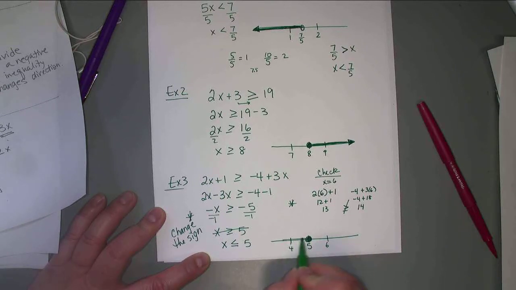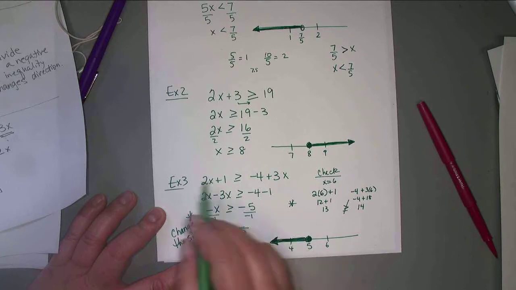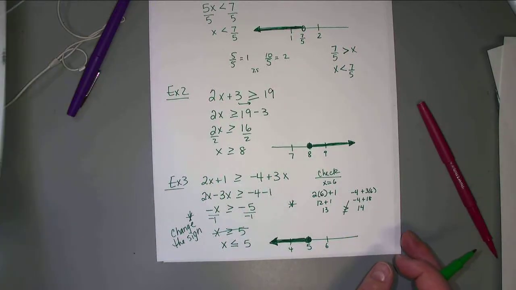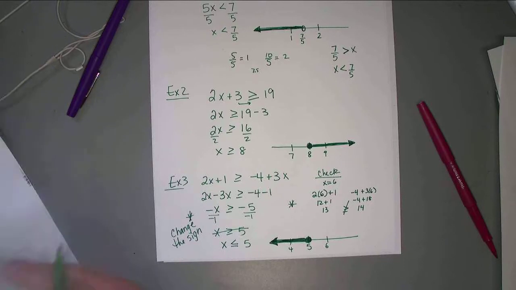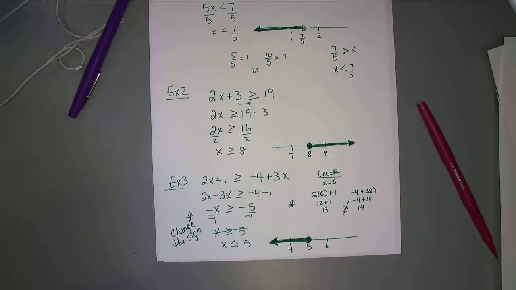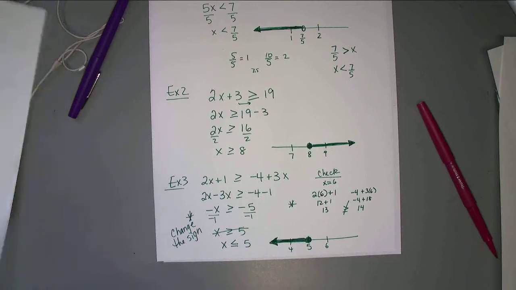So one way to be sure that you're remembering that is just to always check your answer. Pick a number in the region that you're saying, plug it in and make sure that it works. That would be a way to check that. And the other way to do it is just to always move the x to the side that makes it positive, and then that would be another way to make sure you're not making that mistake.